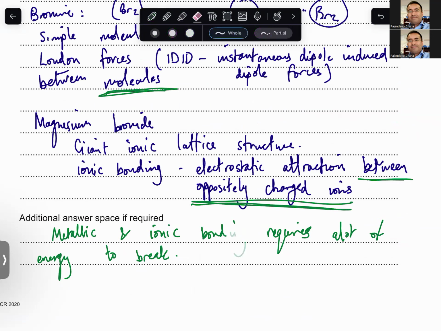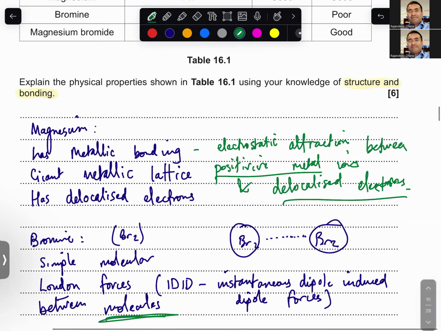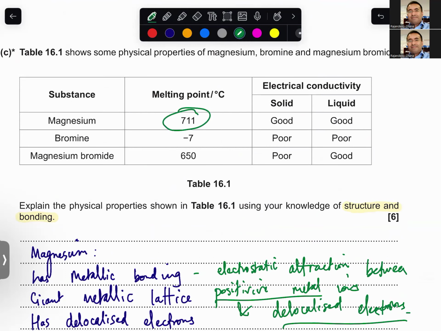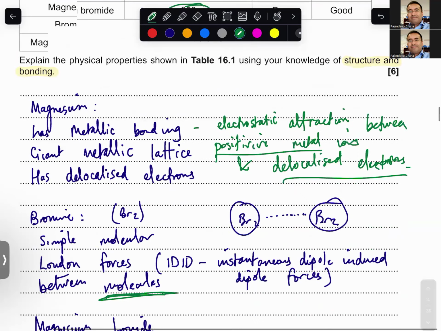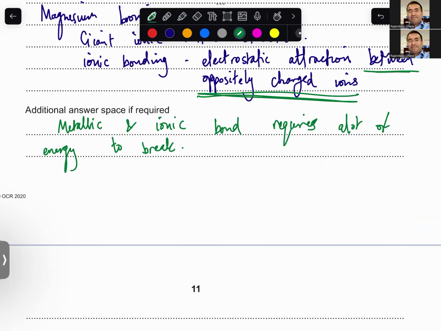Let me just get the wording right here. Metallic and ionic bonds require a lot of energy to break. That's why they tend to have a very high melting point. Whereas London forces require very little in comparison.